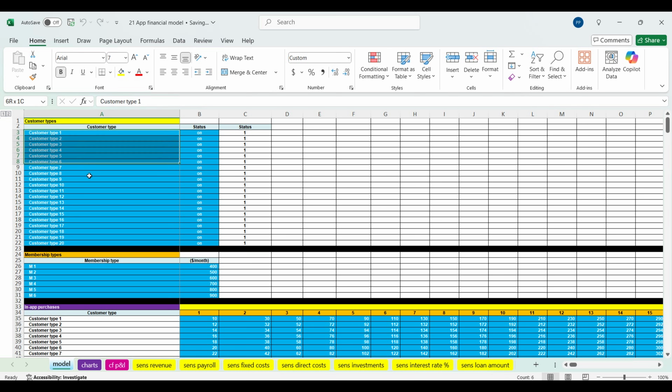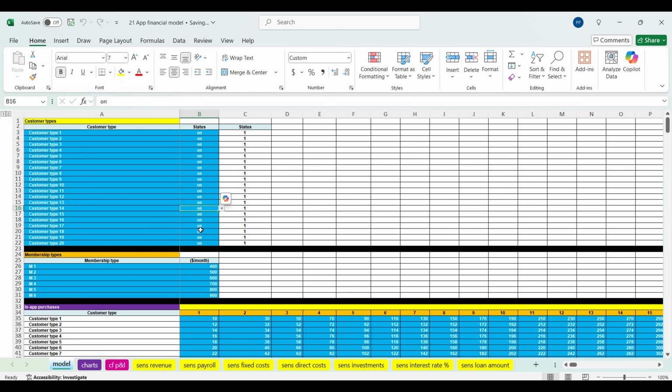Here we are describing different types of customers that will be downloading and using our app. The best way is to create different types of customers, so later when the financial model is ready, you will be able to switch different types of customers on and off, and see how this or that type of customer affects the cash flow statement and how much financing you will need in this or that scenario.